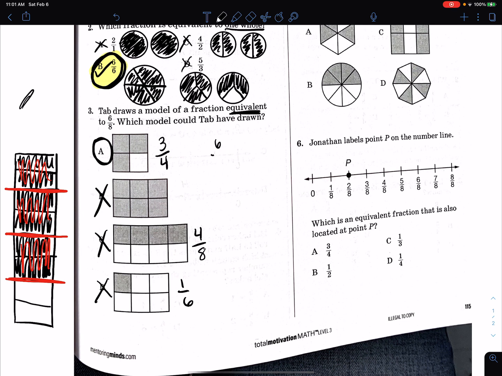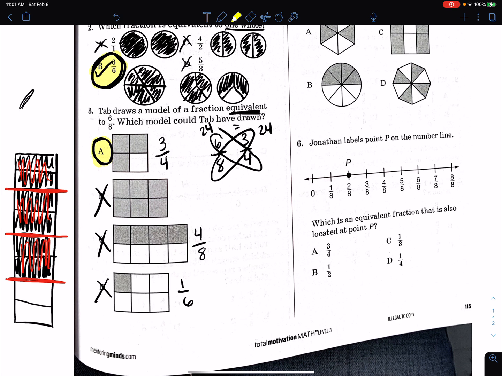So you could do 6/8 and 3/4. And 8 times 3 is 24. And 6 times 4 is 24. And 24 does equal 24. So there are a couple ways you could check yourself. So I know that letter A is going to be the equivalent fraction because we drew our model off to this left side, and we even double checked ourselves by cross multiplying.